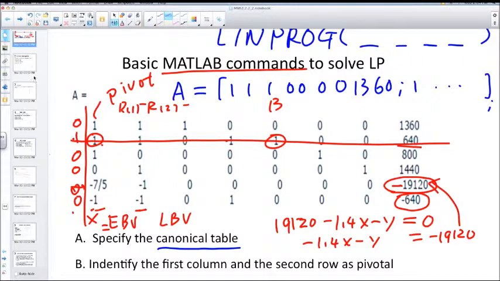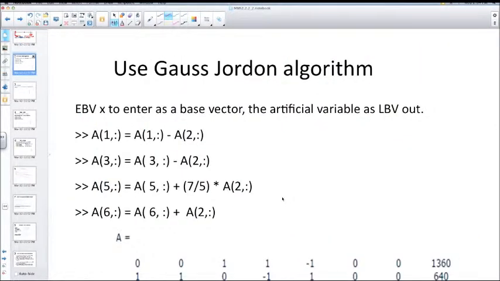Now let's look at the command. How do you write a row? This original matrix is A. If you put a 1, that means the first row. And all the elements, you put a colon, a semicolon like this. That is the first row.